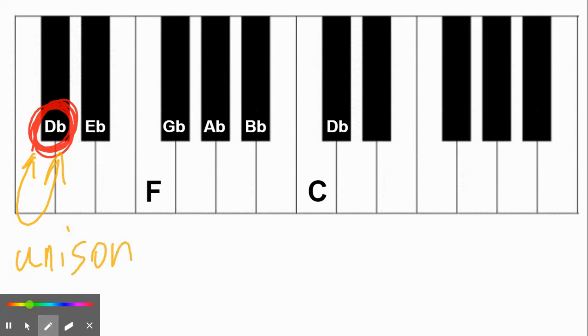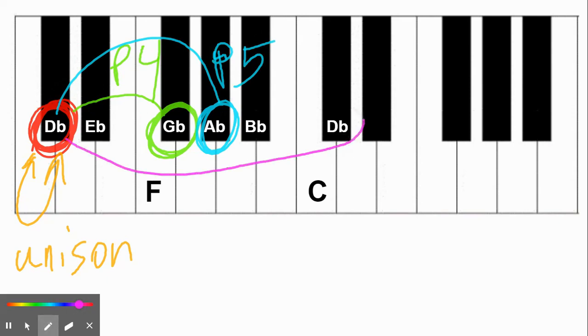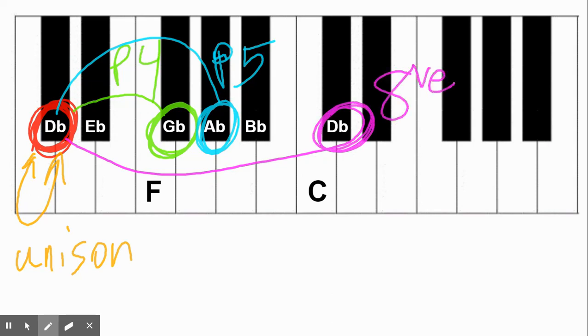If we go to G flat, we have a fourth. If we go to A flat, we have a fifth. And if we go to the upper D flat, we have an octave, and I can write it like that if I want to. 8VE is sometimes substituted for the word octave.